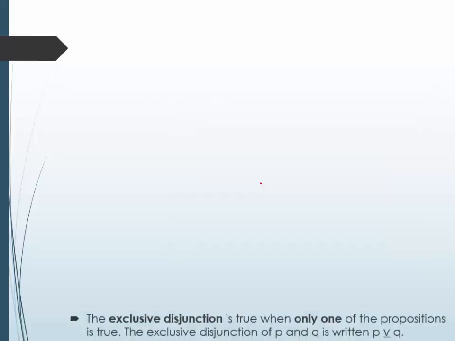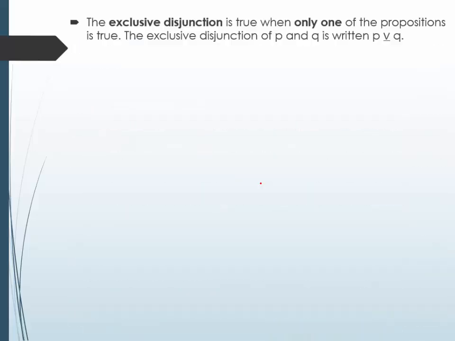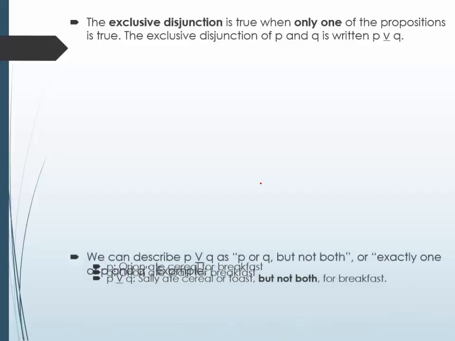All right. So now let's talk about exclusive disjunction. The exclusive disjunction is true when only one proposition is true. Okay? The exclusive disjunction of P and Q is written as P underscore V Q. Okay?